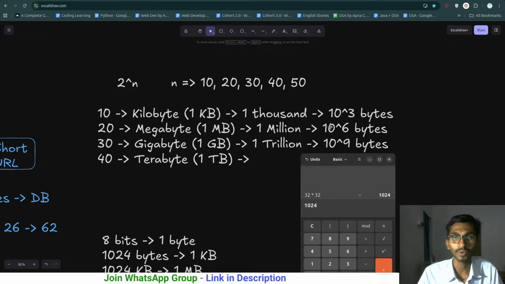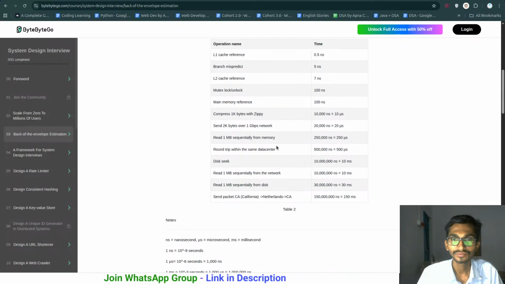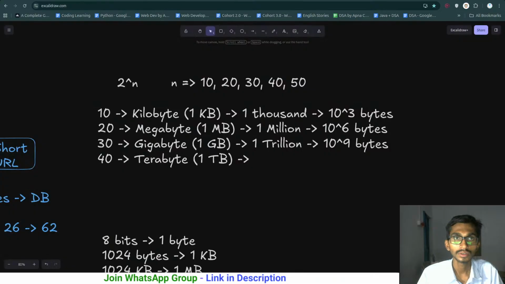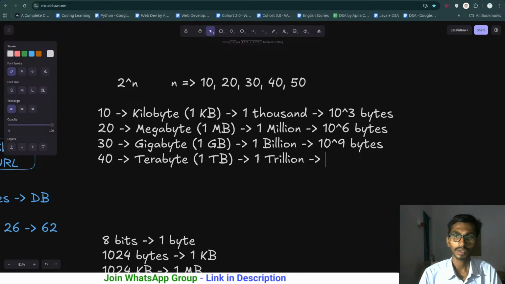Earlier I said 10 to the power 9 was a trillion, but that was my bad. 10 to the power 9 is actually called a billion, and 1 terabyte is 1 trillion.